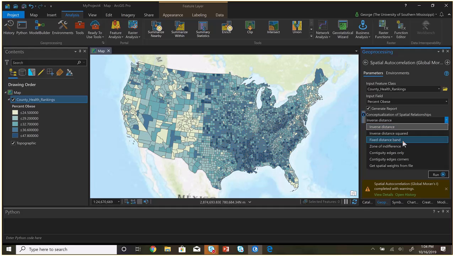So what do you think fixed distance means? This fixed distance band means? It would be in concentric circles. Yeah, there's usually just one. Like here, fixed distance means you're allowed to enter one fixed distance. The distance is right here, so everything within that distance is considered a neighbor. Zone of indifference.